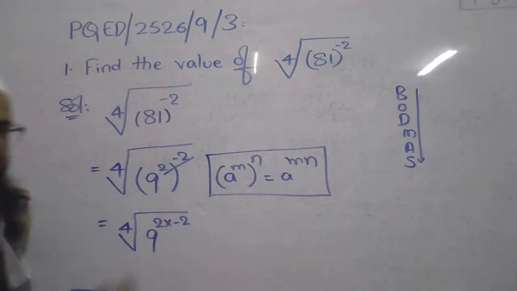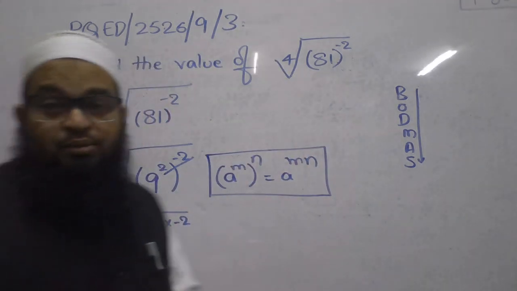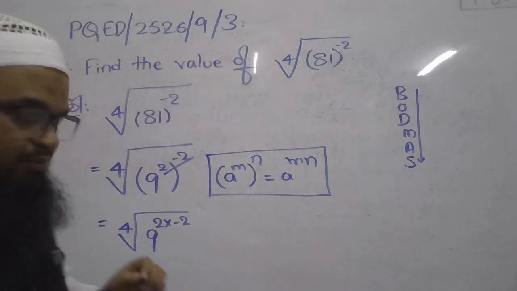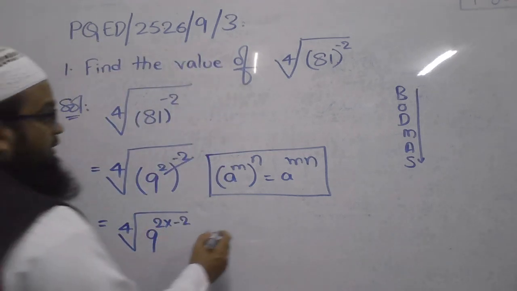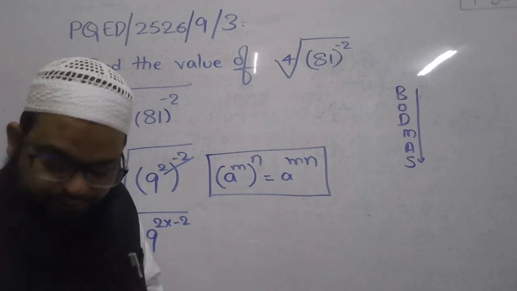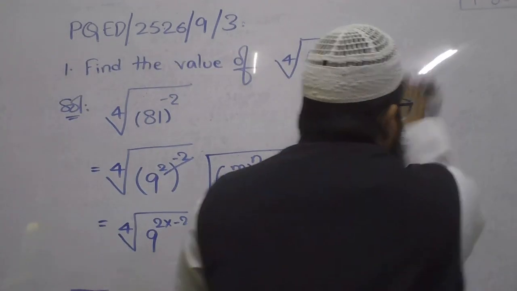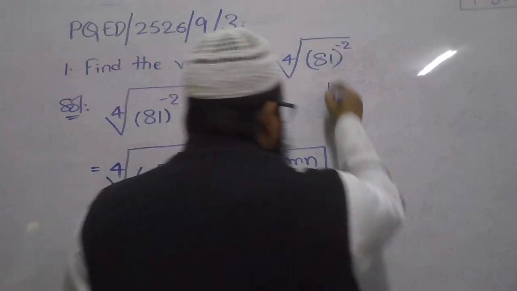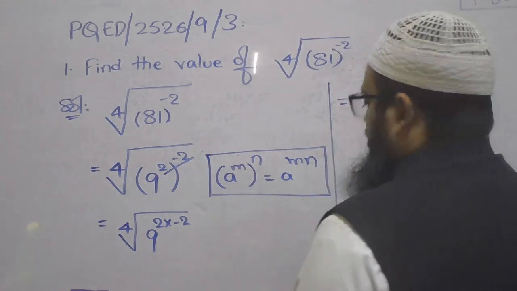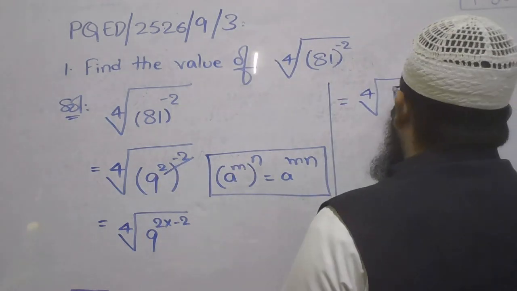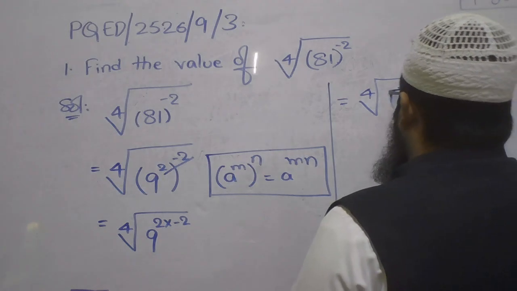Do not forget to highlight the laws of exponents or formulas, whatever comes in between. So can I write it over here? Yes, that is right. That is equal to the fourth root of 9 to the power of 2 times minus 2, which is 4. So it is minus 4.